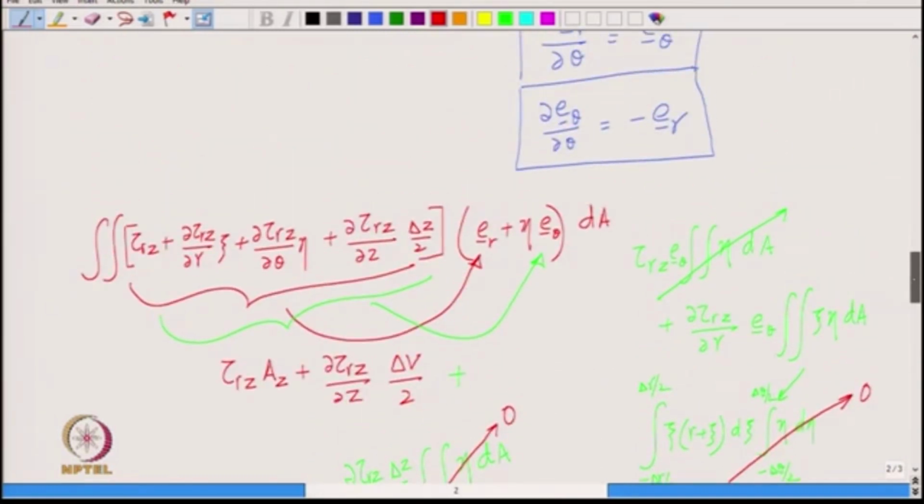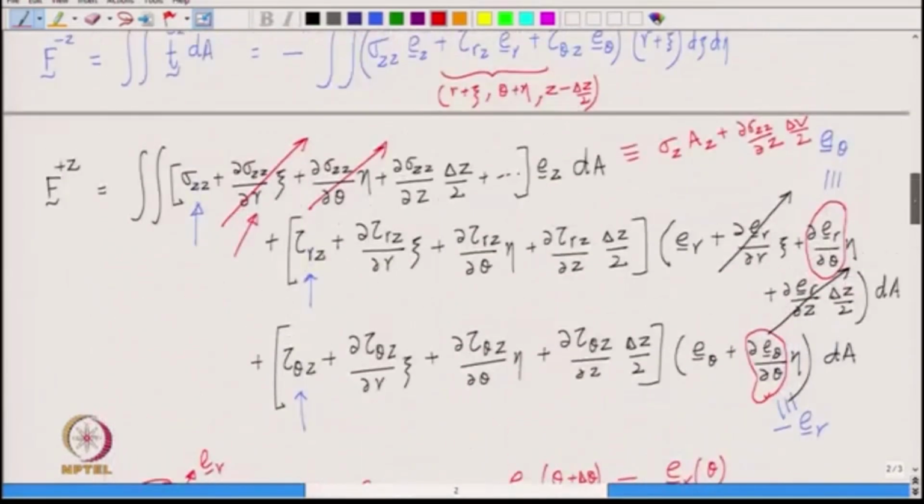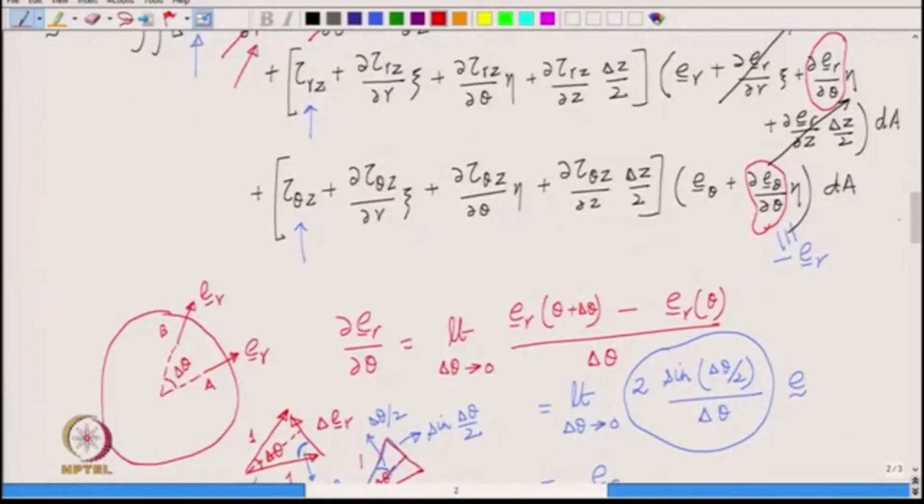Can you now think of what you will get from the last term here? You see, this term is still remaining, and this has got a similar flavor as the middle one, is not it? What is this going to give us then?